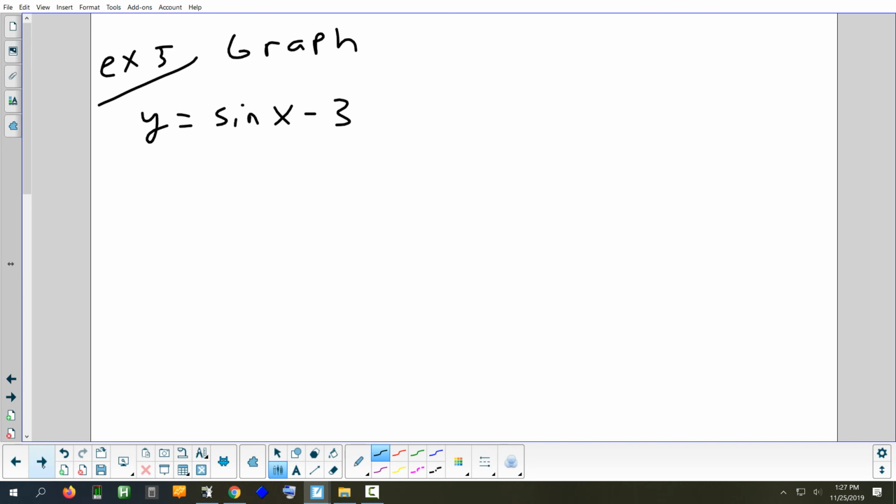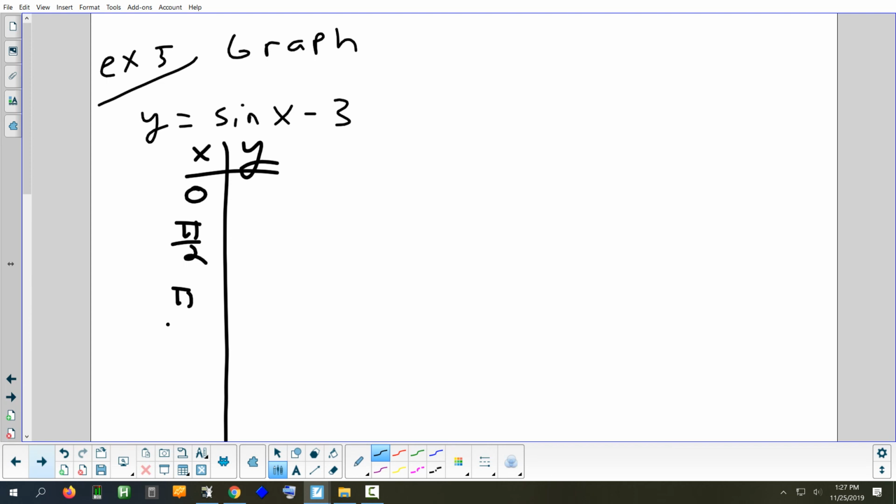Okay, this one, we don't have to sketch it. After we do the table, if you feel we need to, we can, but I think you guys could do it. What kind of transformation? Vertical shift. Yep. Down. Down how many? 3. So, x's, 0, pi over 2, pi, 3 pi over 2, 2 pi.